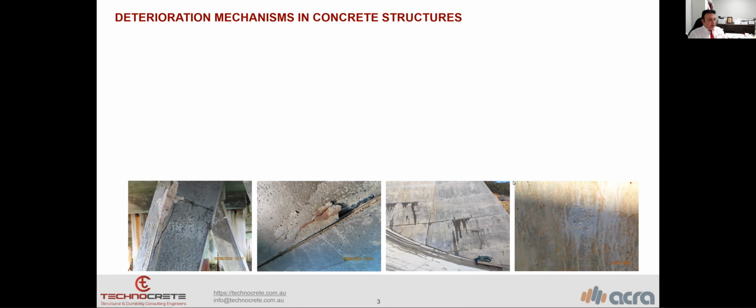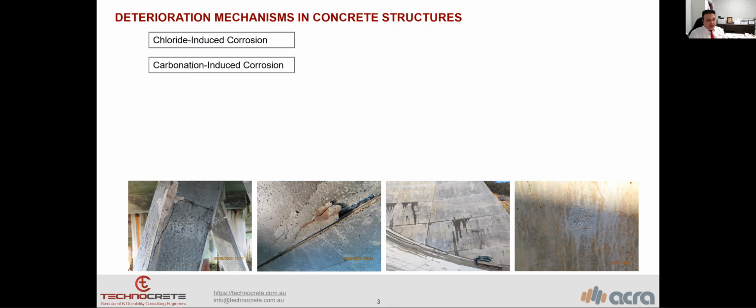Very brief about the deterioration mechanisms in concrete structures. We have three main mechanisms. Chloride-induced corrosion and carbonation-induced corrosion are categorized as electrochemical processes, because both of those mechanisms will result in the corrosion of steel reinforcement.